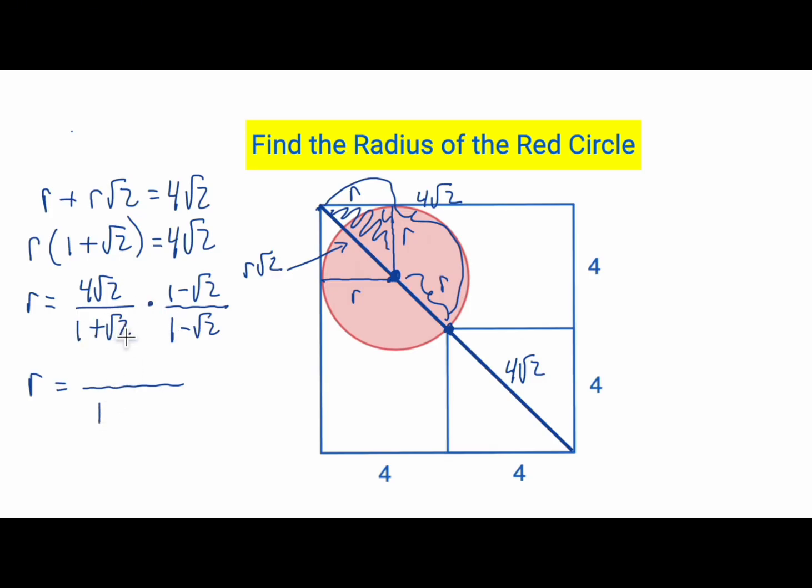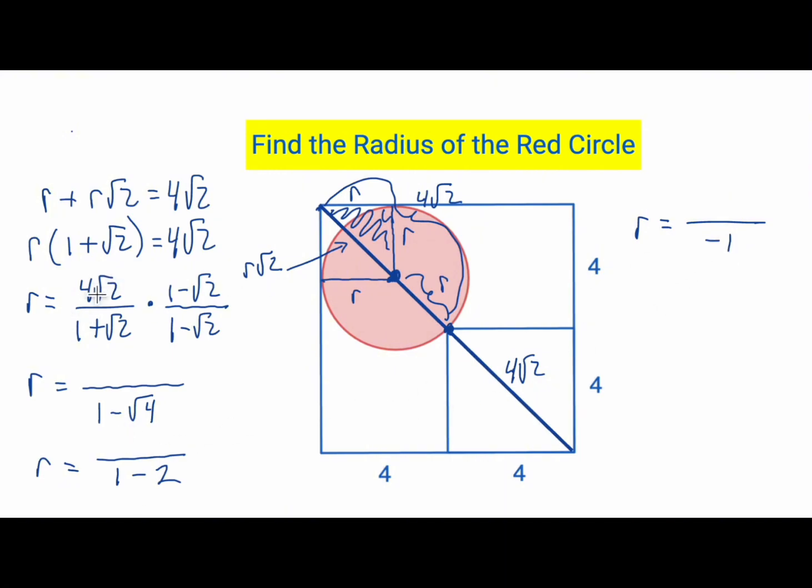The outside and the inside terms are going to cancel each other out, and then we're going to have minus root 2 times root 2, so that's going to be minus root 4. So that is going to be 1 minus 2 in the denominator. Okay, so my denominator is eventually going to become negative 1. So that's what's happening down in the bottom.